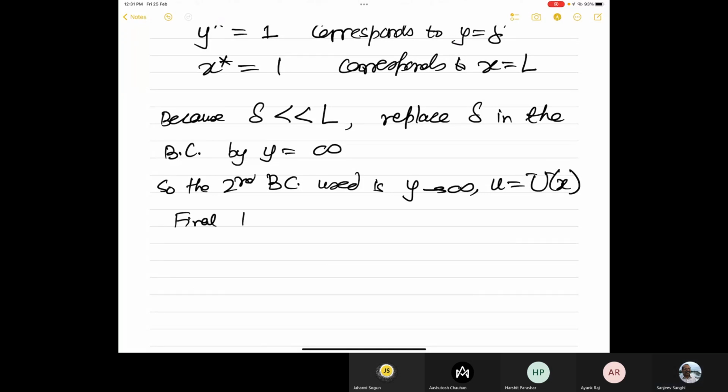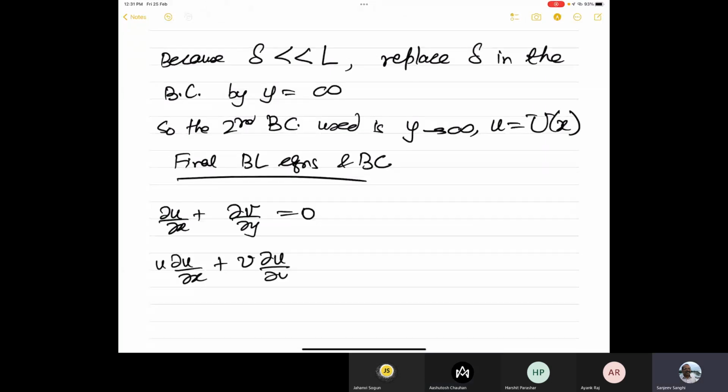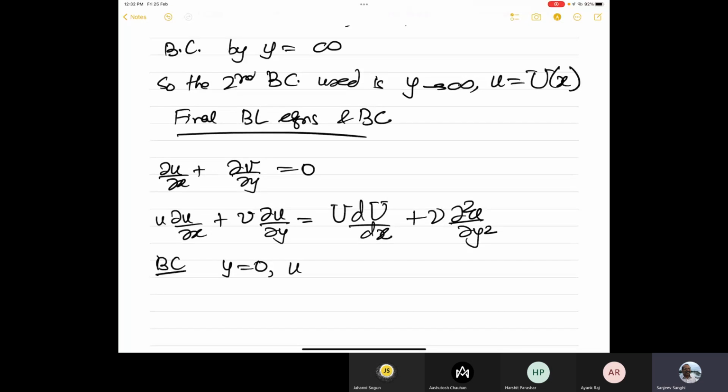So the final boundary layer equations and boundary conditions are: first the continuity equation, and then the momentum equation, and then the boundary conditions: at y is equal to 0, u is equal to v is equal to 0, and as y tends to infinity, small u is equal to capital U of x.